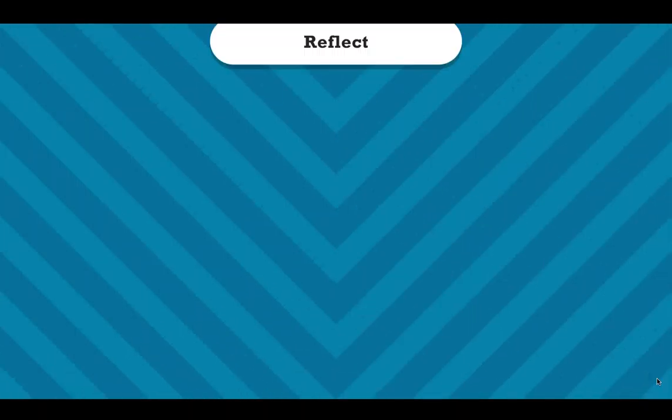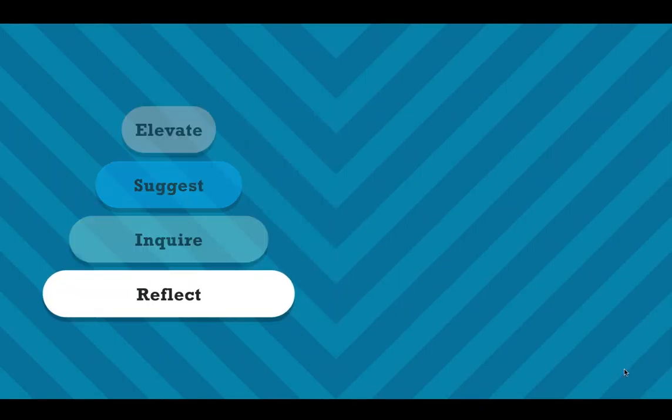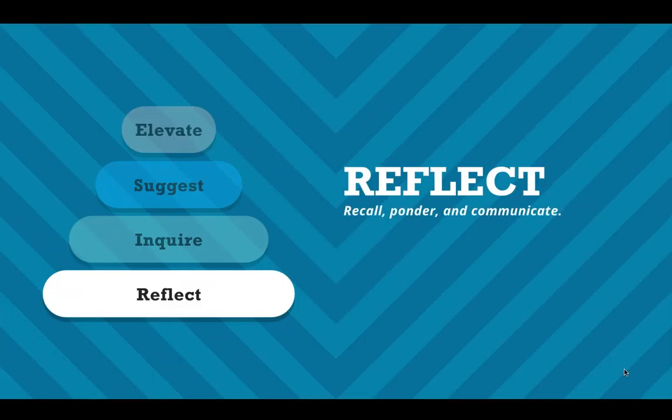So, RISE is an acronym that stands for reflect, inquire, suggest, and elevate, and each of the words stands for one step in the model. Okay, so the first step is to reflect, or to recall, ponder, and communicate.